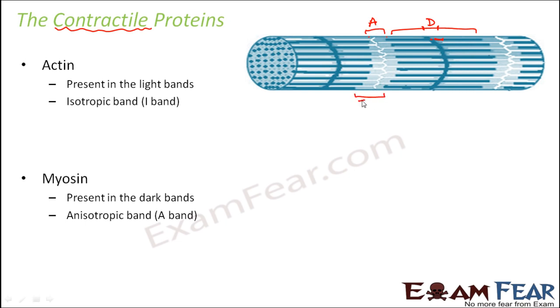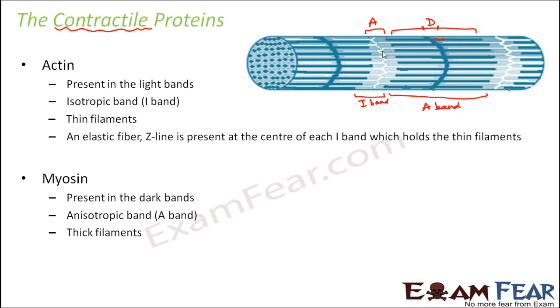This is known as the I band, and this portion is known as the A band, that is the anisotropic band. Actin filaments are thin filaments. The actin portion is comparatively thinner, because structure wise they are thin filaments, whereas myosin is quite thick when compared to actin.